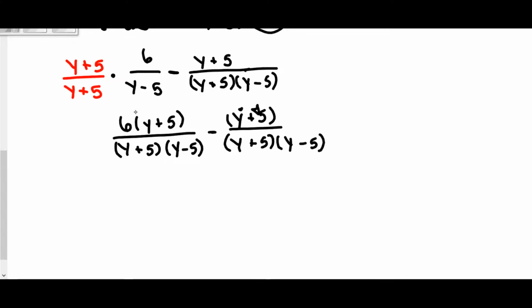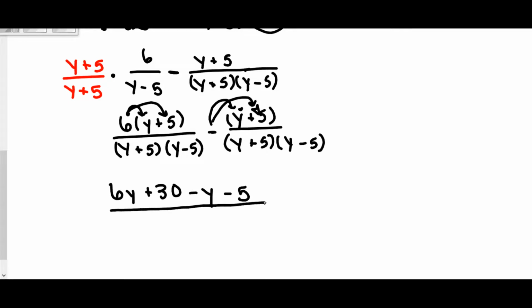So I'm going to combine my numerators, but first I'm just going to distribute my 6 to my y and my 6 to my 5, which gives me 6y plus 30. And then I'm going to distribute my negative sign to my y minus 5, all over my denominator of y plus 5, y minus 5.